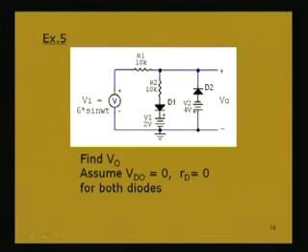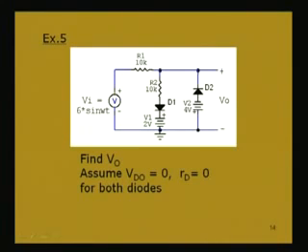From 0 to 2 volt input voltage, that means when the input voltage is less than 2 volt, the diode D1 cannot conduct, and in the positive half cycle when Vi is less than 2 volt, there is no possibility that diode D2 will conduct because it is already reverse biased.